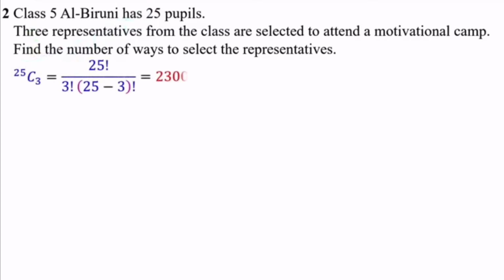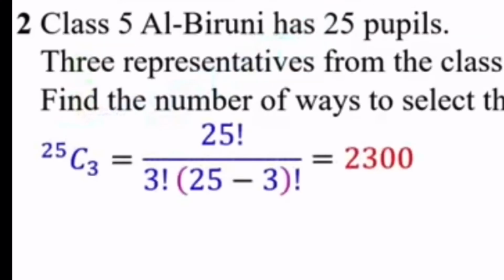So the answer is 2300. This question is a very direct combination question whereby the order is not important. We can use the formula to solve it and we will get the answer, right? So let's proceed to the next question.